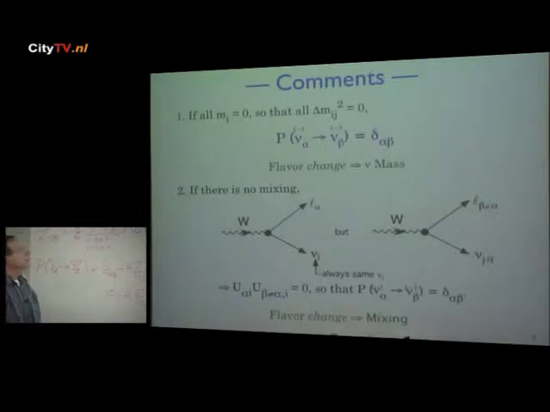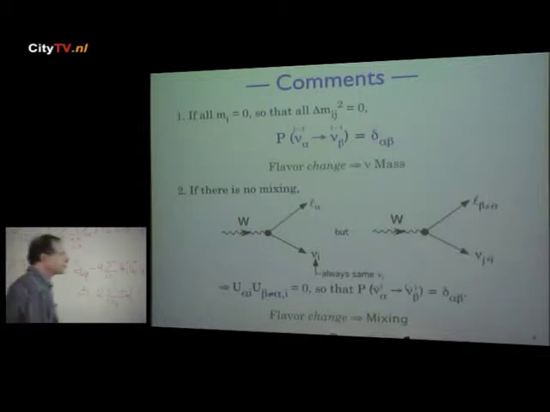So, if the probability for nu alpha going to nu beta with beta different from alpha is non-zero, for which you need these other terms, that tells you that the neutrino masses, at least some of them, must be non-zero. So the first implication is that flavor change implies non-zero neutrino mass. And that's the most important thing about this formula. That's the big deal. The observation that neutrinos really do change flavor taught us that they have non-zero masses.